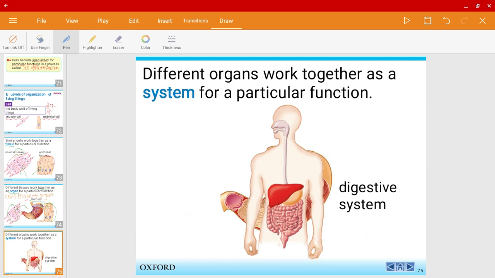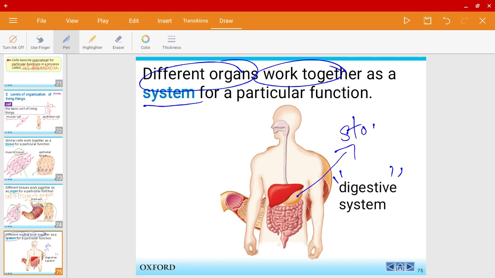Of course, all of you know that there's not only one organ, there are different organs in our human body. So different organs, when they work together, they function as a system. So for example, we have a digestive system that you have learned in primary school. For the digestive system, you have the stomach over here. What else do you have? You have, for example, this is the liver.